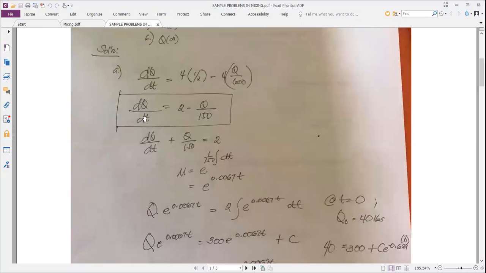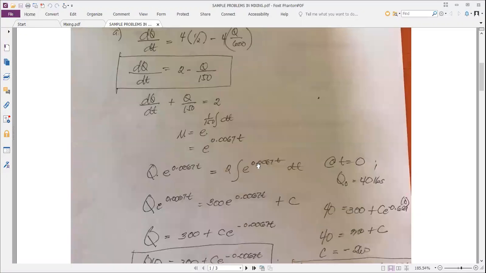This is your unknown function q times the integrating factor is equal to your Q of x in the linear DE form times the integrating factor. If you will integrate this side, you will have 300 e raised to 0.0067t because 2 divided by 0.0067 is 300, plus c.